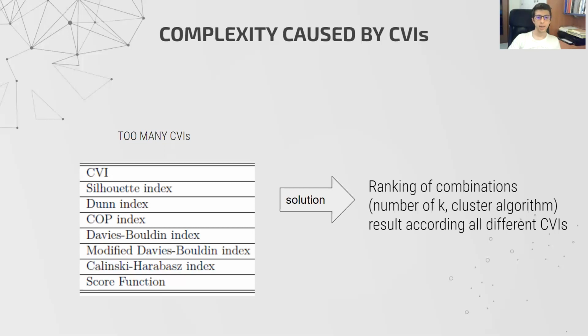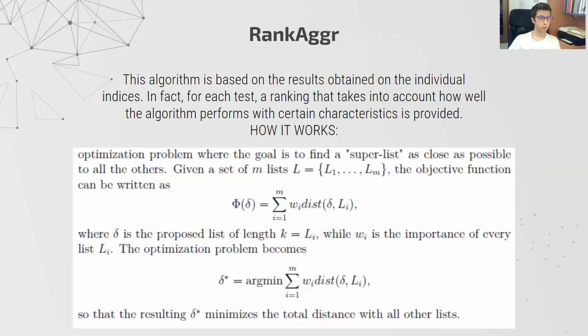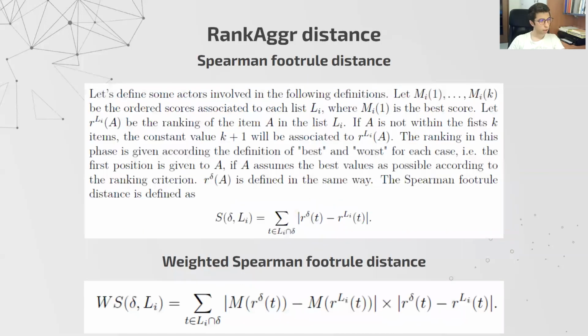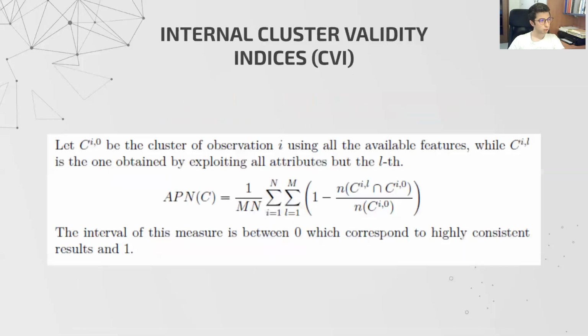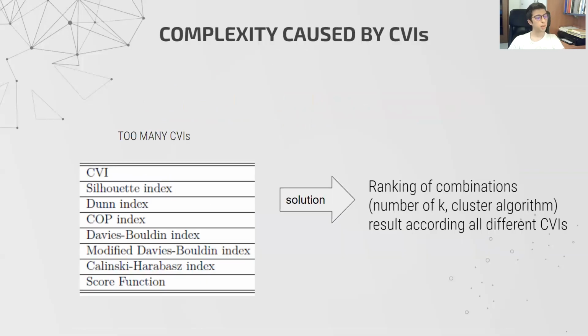This is the way the ranking algorithm that I will present to you acts. So what we are doing is a comparison of CVIs that produce different lists. Before all, this is an already existing algorithm that you can find in the paper where it is explained, which I will report.